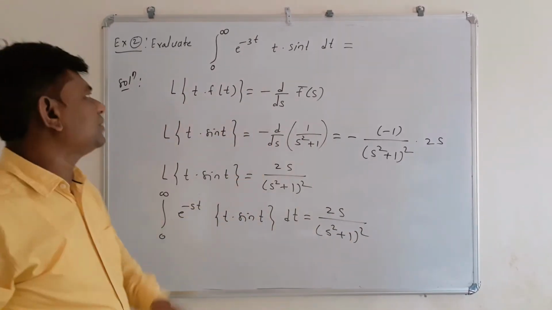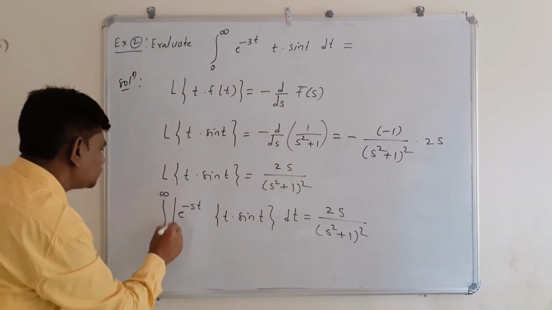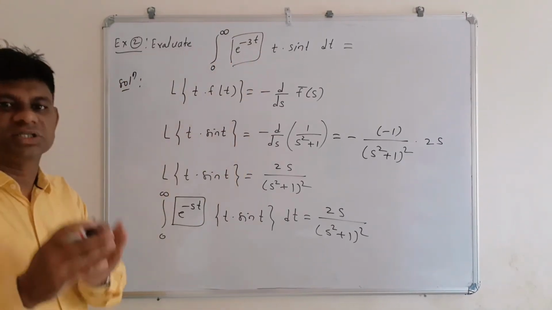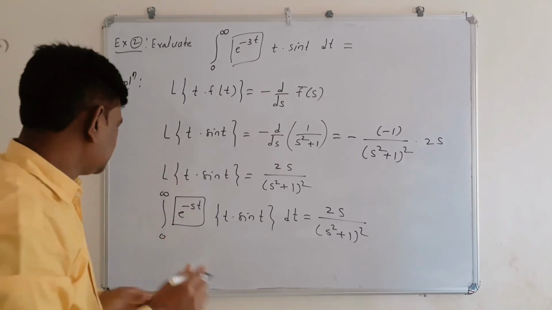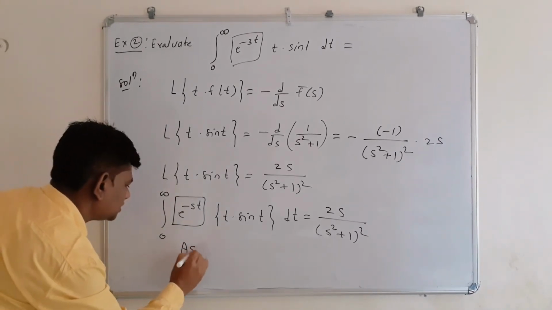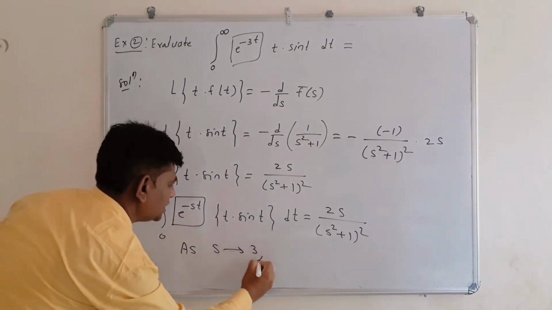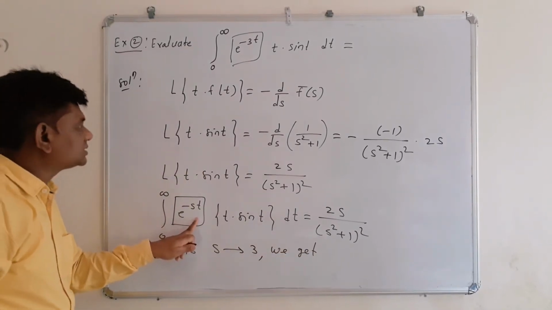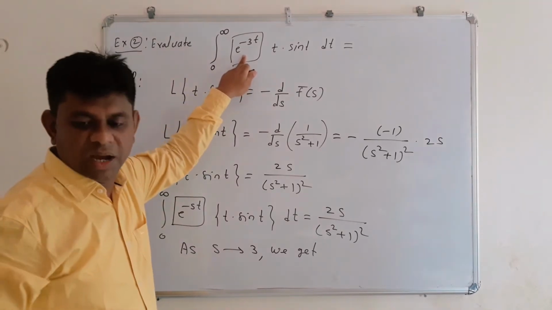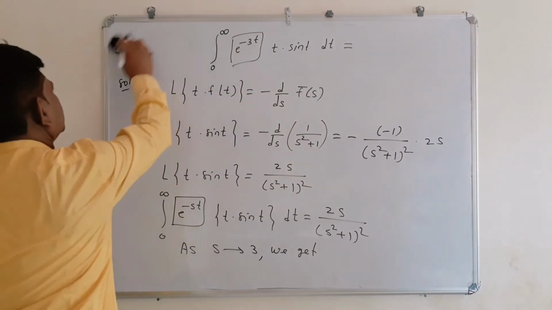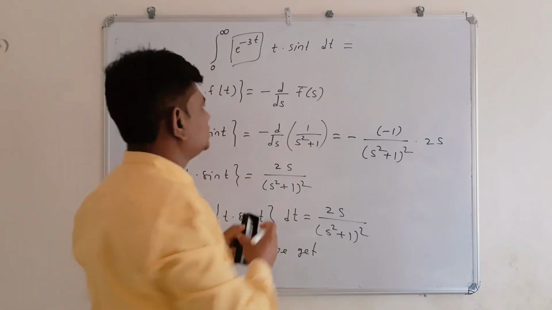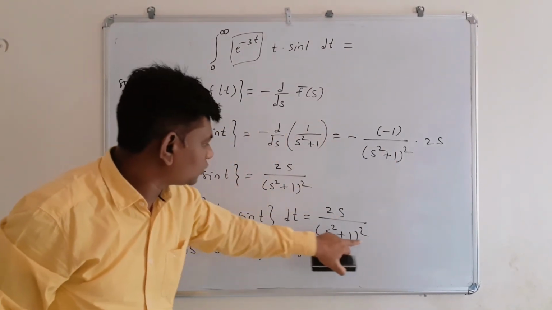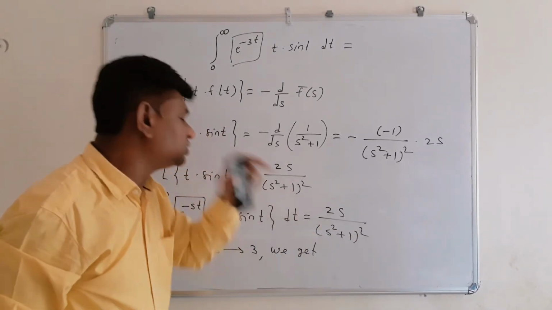Now in the given integral, this e to the power minus st is e to the power minus 3t. For this, at s tends to 3, this e to the power minus st becomes e to the power minus 3t. So therefore this integration is equal to 2 times s upon s square plus 1 whole square at s equal to 3.